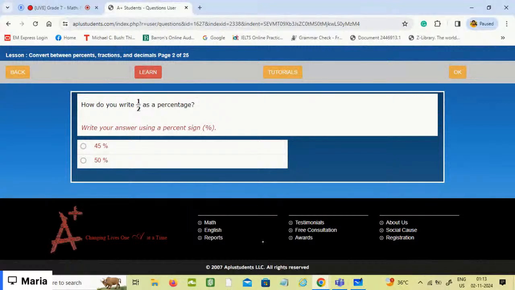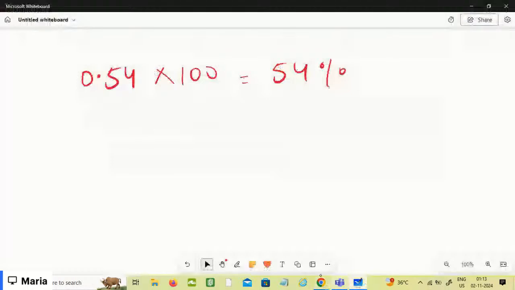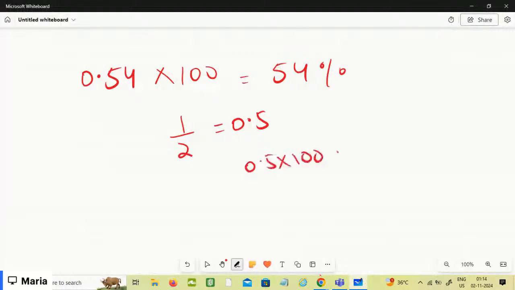Just divide. Write 1 by 2 in the fraction form, just divide, right? 1 by 2 when you divide, that is 0.5. Then multiply it by 100. When you multiply it by 100, you need to move the decimal point two places, right? So that makes it 50%.